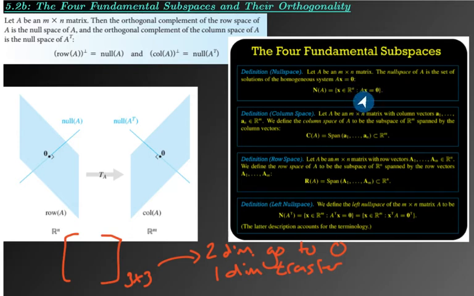So A is applied and some stuff goes to 0. The column space is just the span of the column vectors, right? So this is conceptually what gets transferred, what doesn't go to 0, basically.